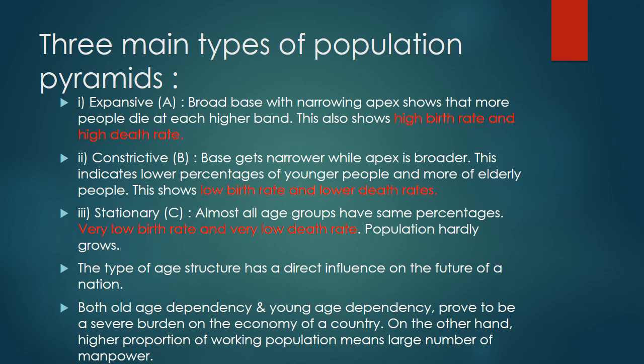They are dependent on the middle proportion, the economically productive people. They can earn, between 15 to 60, so these are the economically productive people. Where there is a higher proportion of working population, there the manpower is also higher.